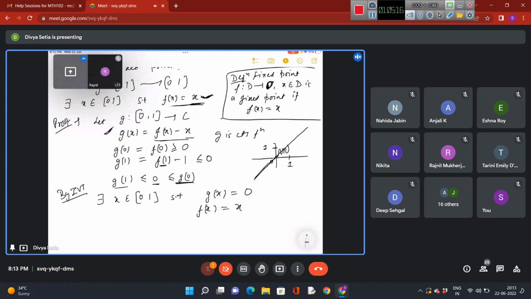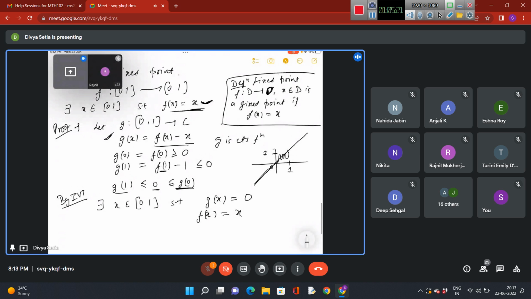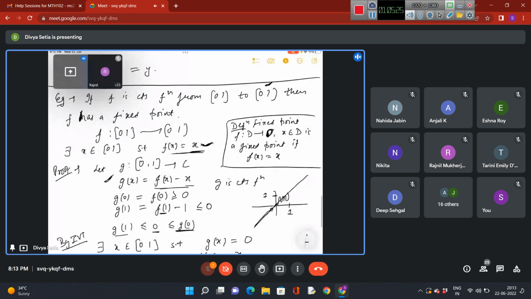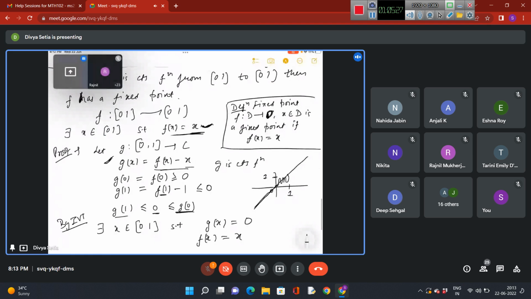Is the meaning clear of what we are doing in this example? Any bad looking function that you create from 0 1 to 0 1 will always intersect this y equal to x line.